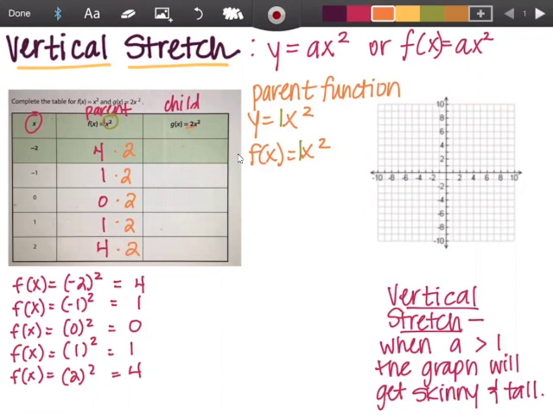So 4 times 2 is going to give me 8. 1 times 2 is going to give me 2. 0 times 2 is going to give me 0. And 1 times 2 is 2. And 4 times 2 is 8.